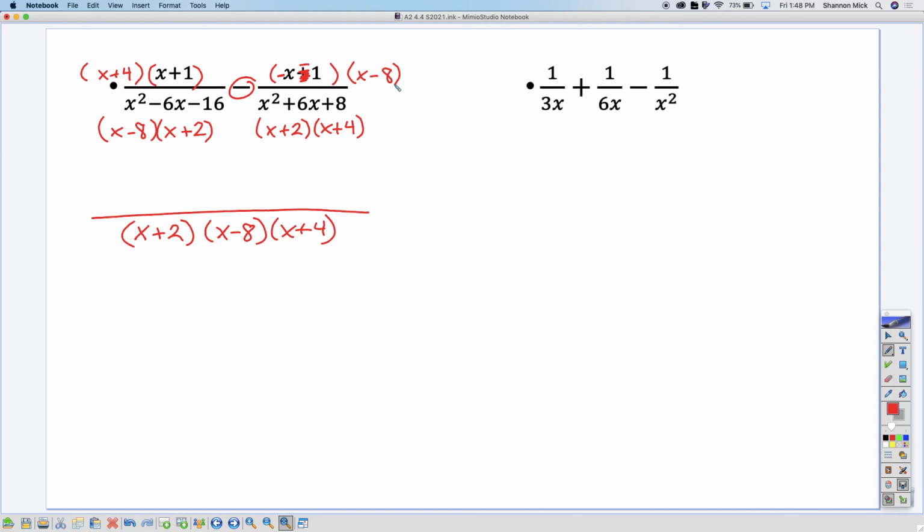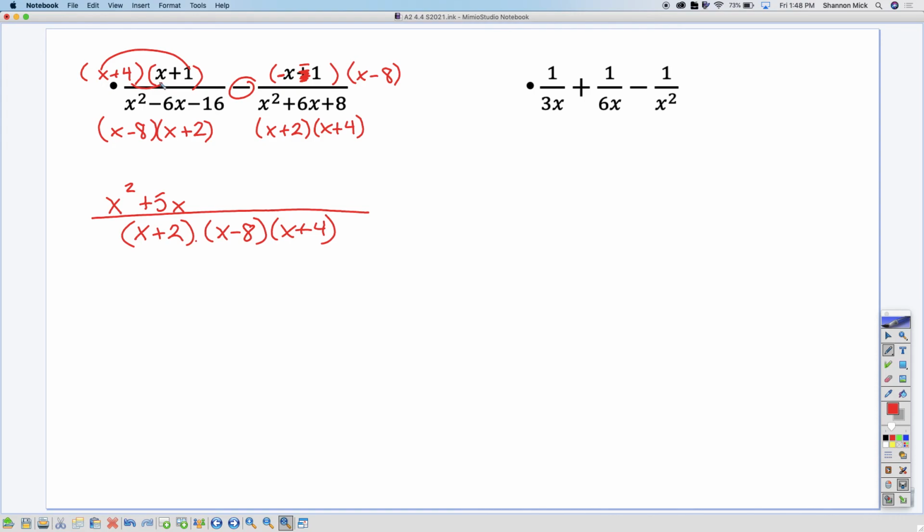Okay, so I get x squared. I would have 1x plus 4x, so it would be 5x. Everyone follow how I got 5x right there? 1x and 4x. Remember that middle term is the outer and the inner?